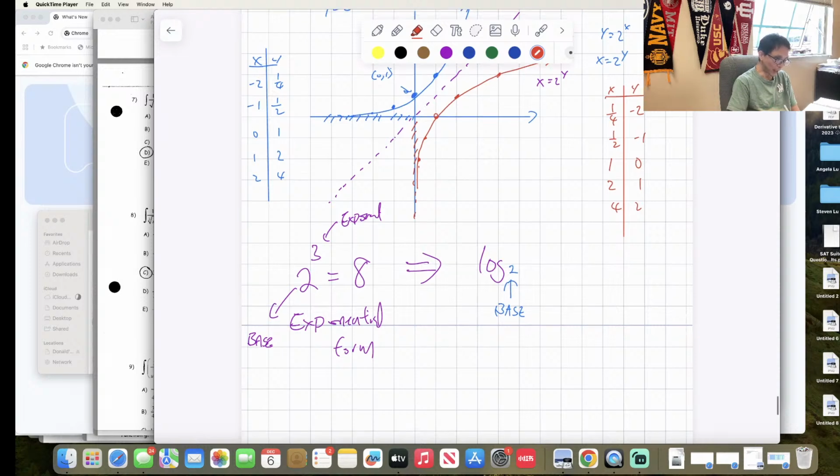You start with a base and you draw a sideways heart. Like this is a heart, you draw a sideways heart. So start with the base, then a sideways heart. It's going to be log base 2 of 8 is equal to 3, like this. You can think about it as an ice crack, if you want to.